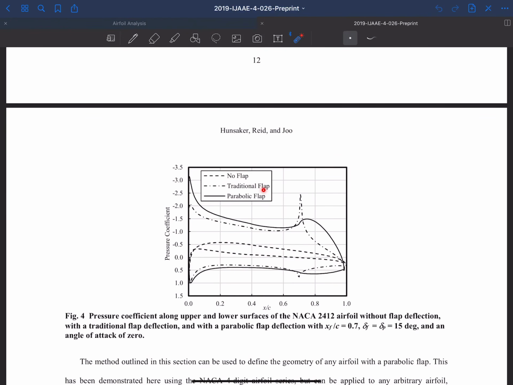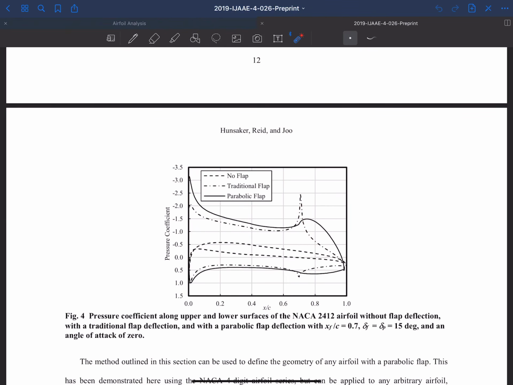Now we're going to look at the traditional flap. Once we deflect it, you see we get quite a spike right at 0.7, which is our hinge point. We get a really large spike there in pressure. The problem is that on the back side of the spike, we have a very large pressure gradient, again the change in pressure as we move back, and so this induces flow separation.